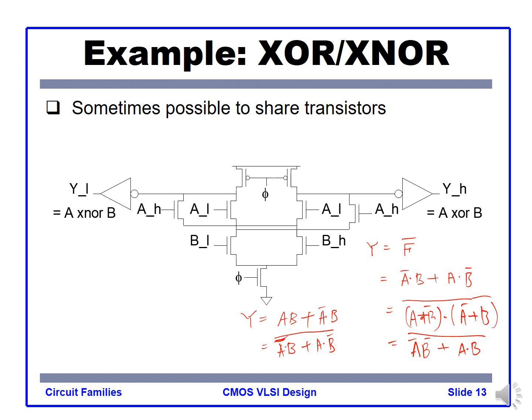So we can share the B bar and B bar and B here, right? Equation here for the pull down network.